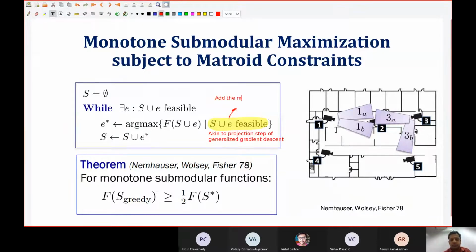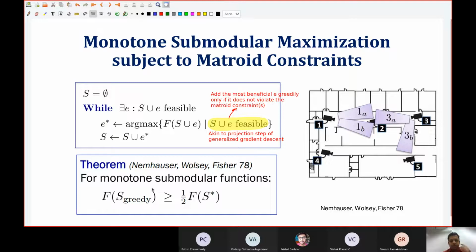Add the most beneficial E greedily if it does not violate the matroid constraint. Okay, so that's how it's similar to general projection step.